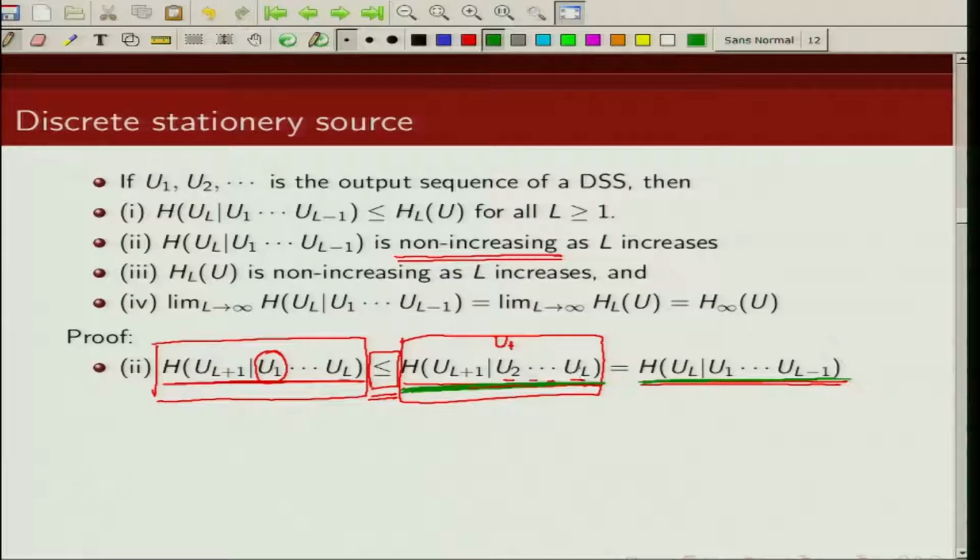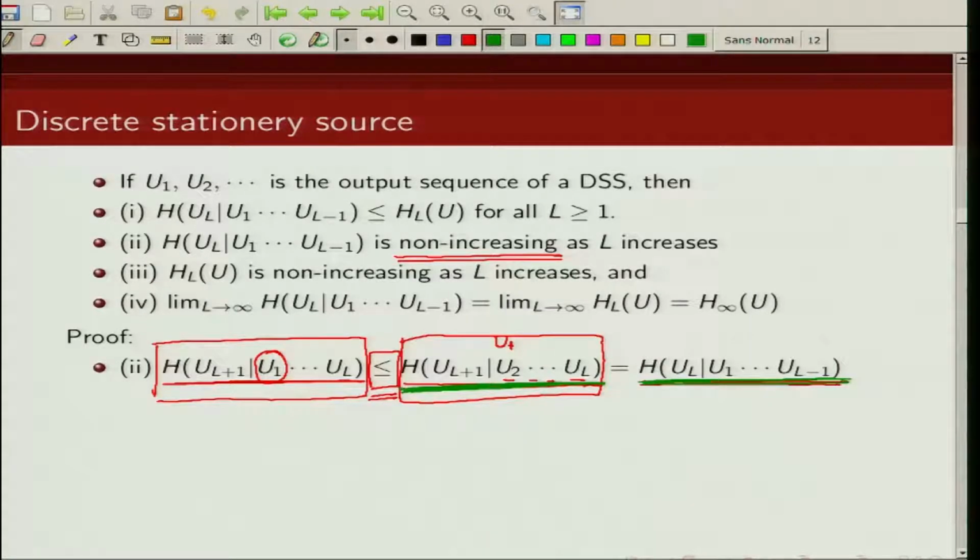So essentially we are replacing L by L minus 1. Since it is a stationary source, this distribution and this distribution will be the same, so the uncertainty of this will be equal to the uncertainty in this.